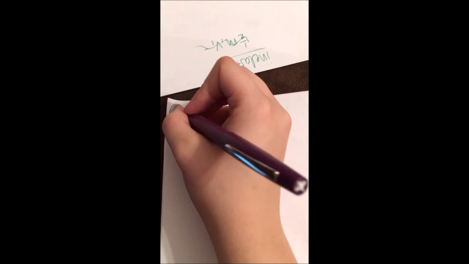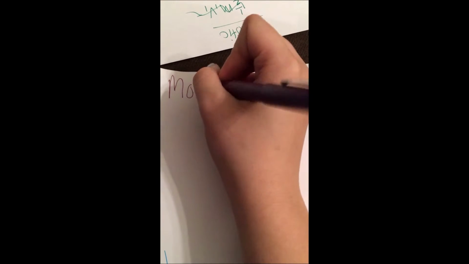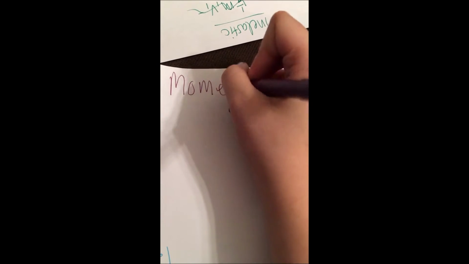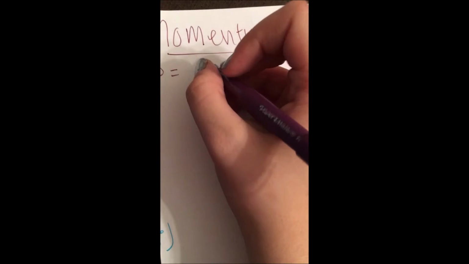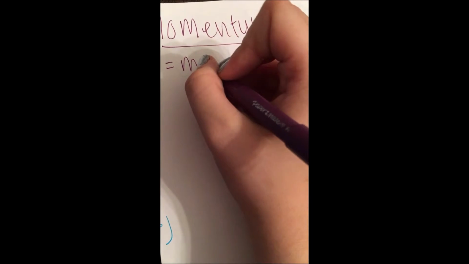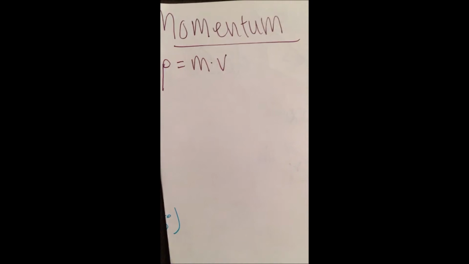In this example, we are going to review momentum. Momentum can be solved with a simple equation, which is this little p looking thing, meaning p equals mass times velocity.